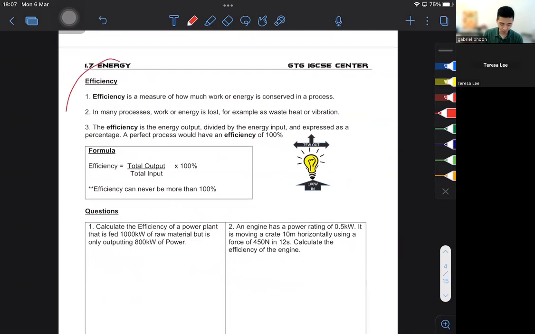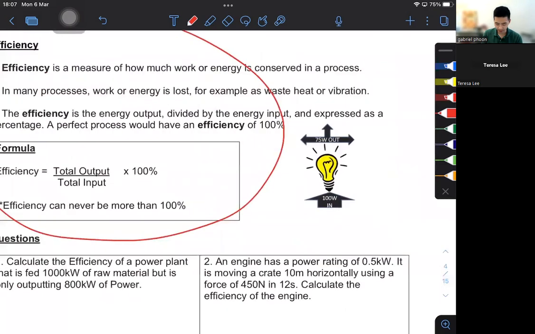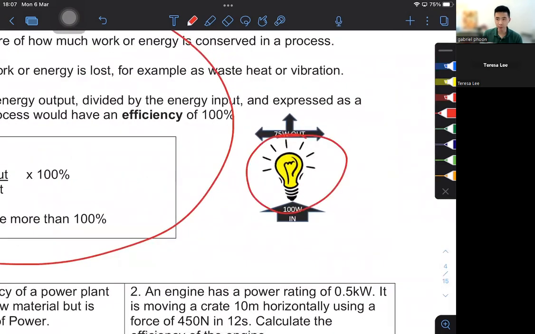Then we're also going to learn about the efficiency of energy. Basically, to be very efficient is to waste very little energy. For example, if you compare the old-day light bulbs, light bulbs are actually very inefficient ways to produce light, because for every, let's say, 100 joules you put in, the light bulbs have to heat up the filament in the middle.